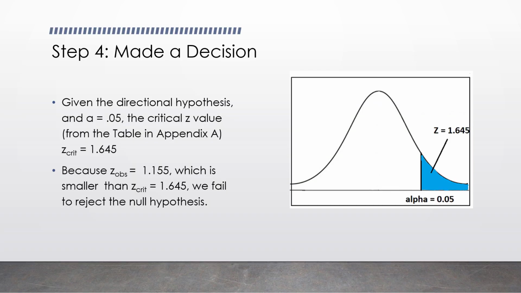In step 4, based on the evidence that the probability of 0.124 is greater than alpha equals 0.05, and the observed z of 1.155 is smaller than the critical z of 1.645, we fail to reject the null hypothesis.